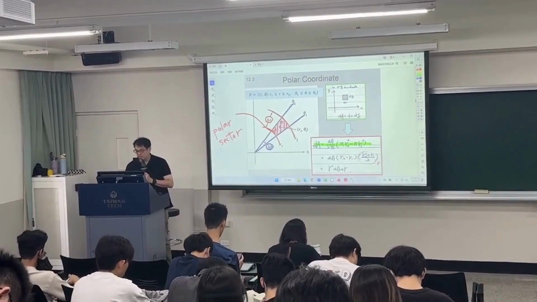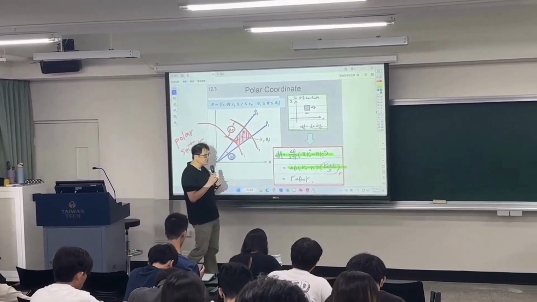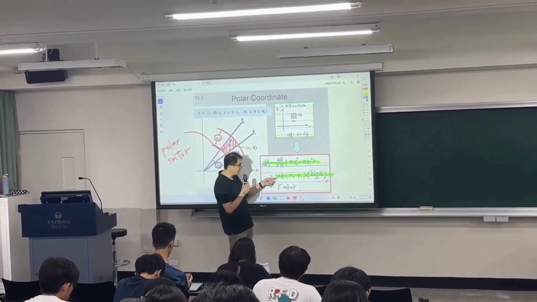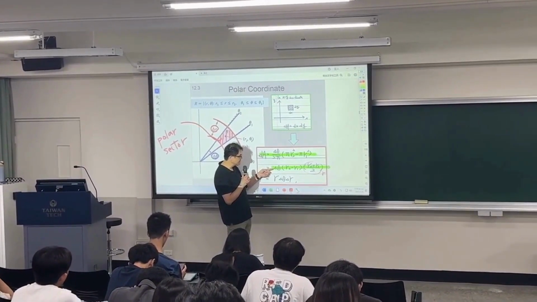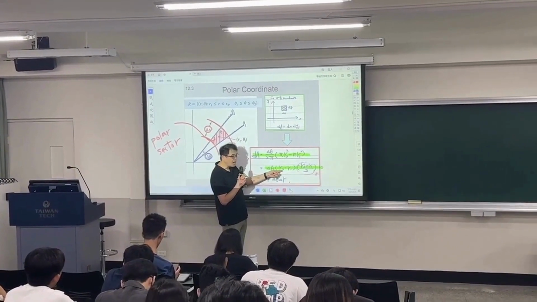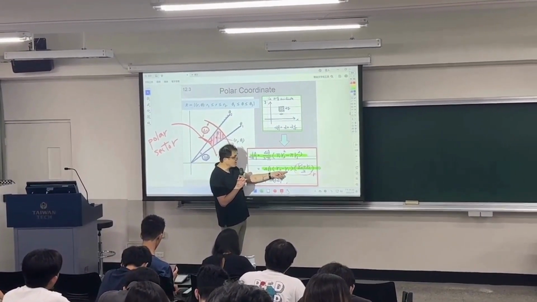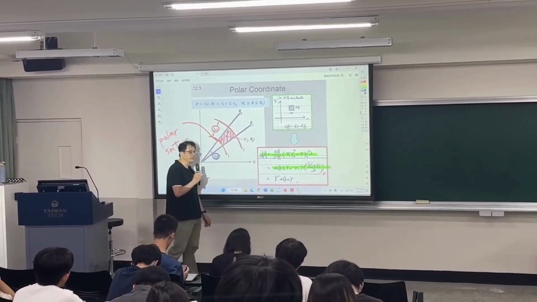Okay, what is the ring? And this equation will be simplified to delta theta times r2 minus r1 times r2 plus r1 over 2.